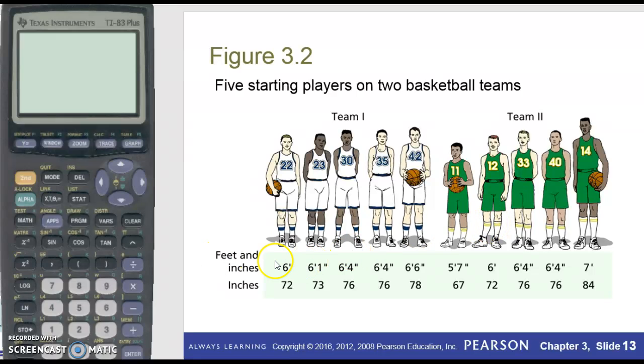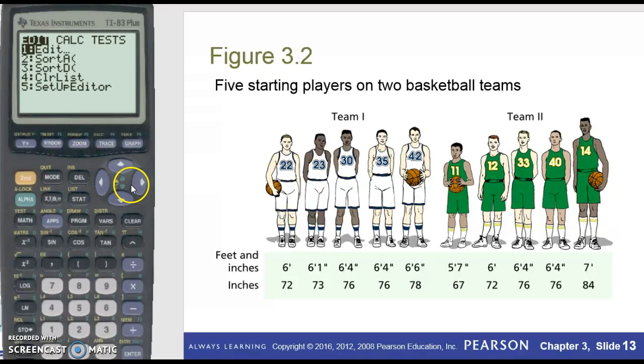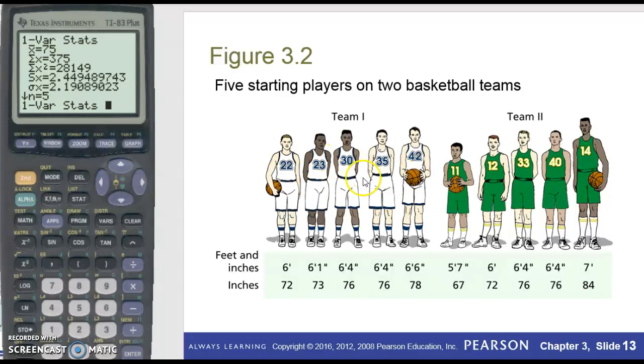So if we were to put each of these into our calculator, let me show you. I did this before I started the video, and I put their heights in here. If I went ahead and found the average of list 1, I would go to calculate, and you can see that the average height of somebody on the white team, which I have in list 1, is 75 inches tall.